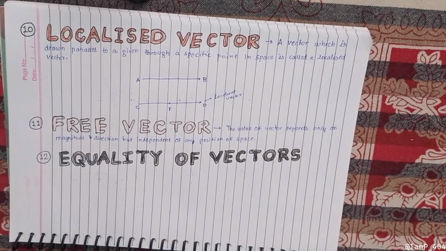Two vectors A and B are said to be equal only if their magnitudes are equal, they have the same or parallel support, and they have the same sense of direction.